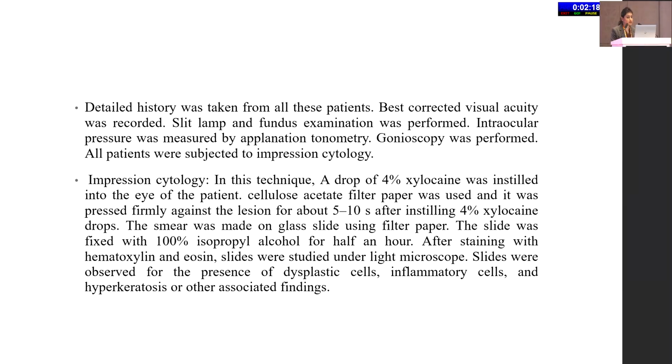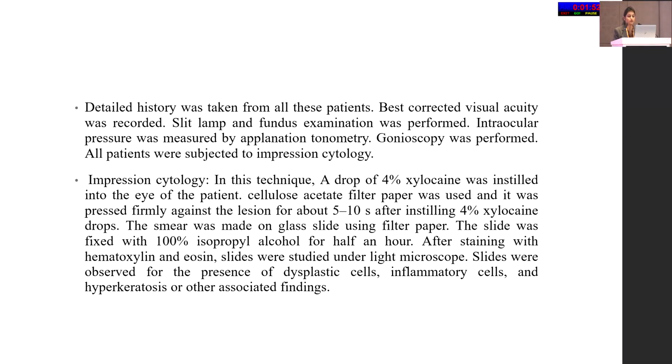Detailed history was taken from all patients, best corrected visual acuity recorded, and slit lamp and fundus examination performed. Intraocular pressure was measured by applanation tonometry and gonioscopy was performed. All patients were subjected to impression cytology. In this technique, 4% xylocaine was instilled into the eye. Cellulose acetate filter paper was pressed firmly against the lesion for about 5 to 10 seconds.